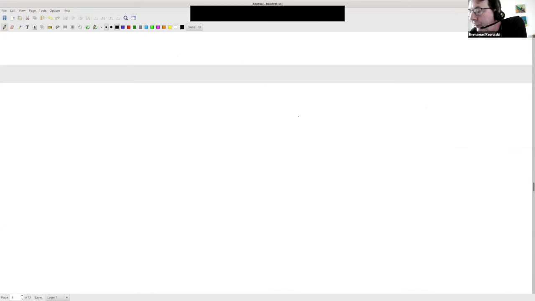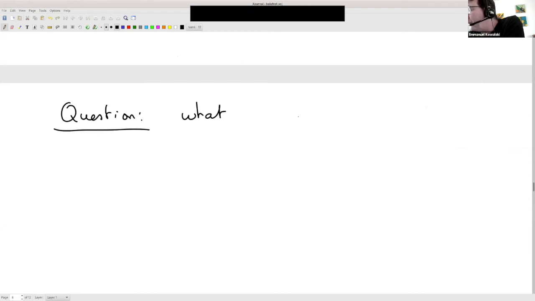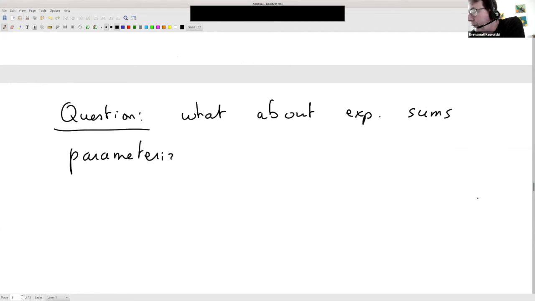So the question we wanted to ask, and I'll give some motivation: what about exponential sums parameterized by characters not of F_p star or not of F_p, but of more complicated groups? But still parameterized by characters.